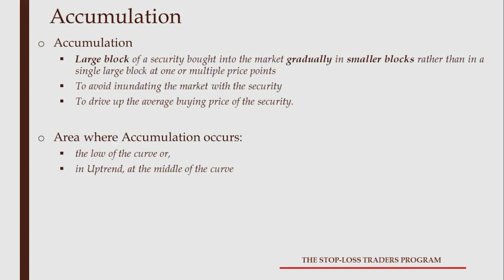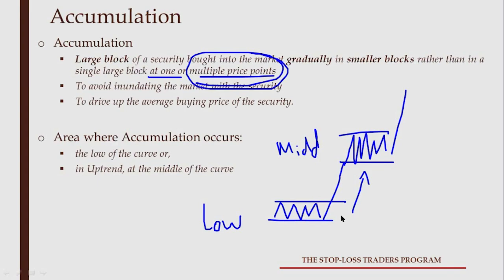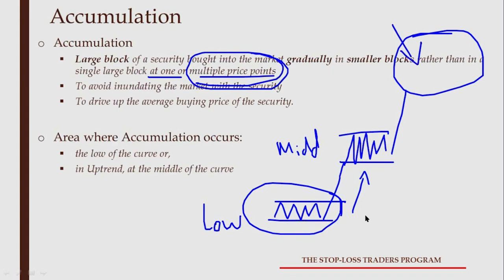And when they buy it as a single block, they just want to buy it at some price point and just place an order. They start buying at that point. What will happen to the price? Price would simply shoot up, because they are putting such a huge order at a place and wanting to buy it. And what will that do to the person who is buying that large block?